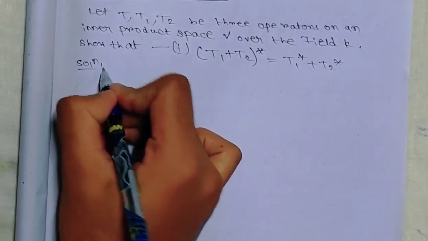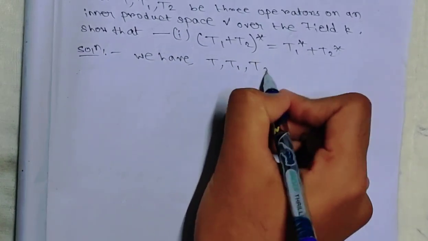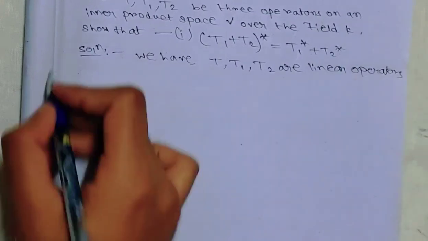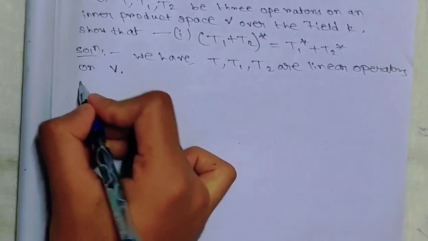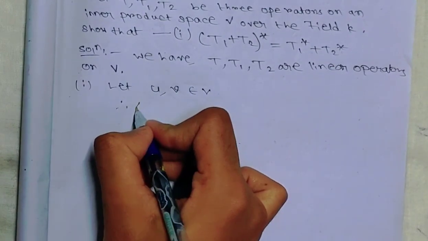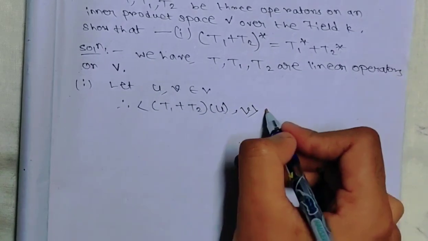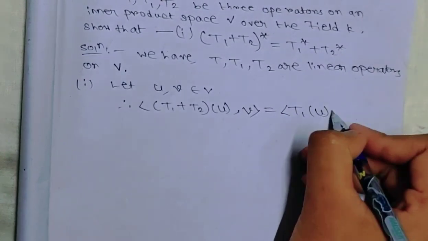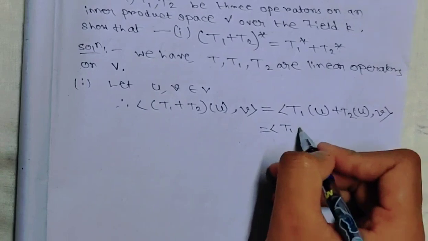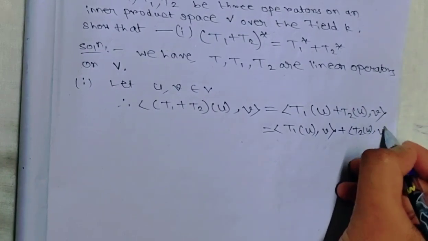Now solution. We have T1, T2 are linear operators on V. Let u, v belongs to V. Therefore, inner product of (T1 plus T2) of u, v equals (T1u plus T2u, v), that equals inner product of T1u, v plus inner product of T2u, v.